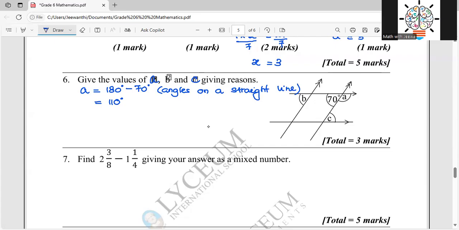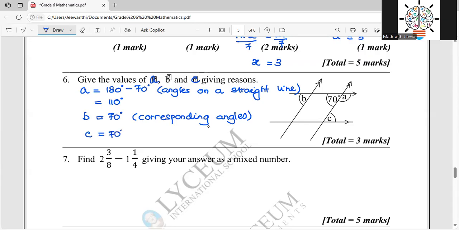If you know A, then B straight away we can find. B is 70. Why is that? The reason is you can see the corresponding angles. Corresponding angles. So then C, you can find straight away, 70.